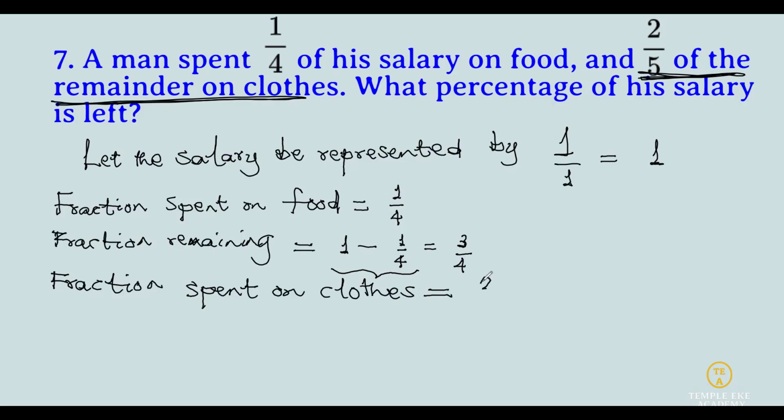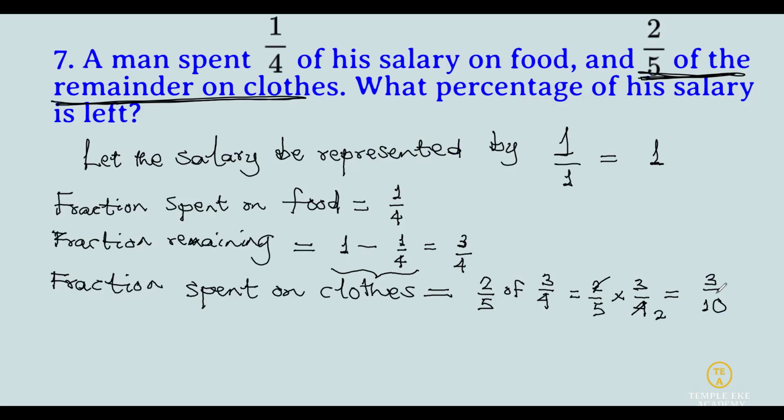That is 2/5 of the fraction remaining, which is 3/4. And we know, from our video on fractions, that of translates into times. So this translates into 2/5 multiplied by 3/4. And we can simplify this. 2 divides into 4, and that is 2. So we can simplify this into 3 in the numerator, divided by 5 times 2, 10 in the denominator.